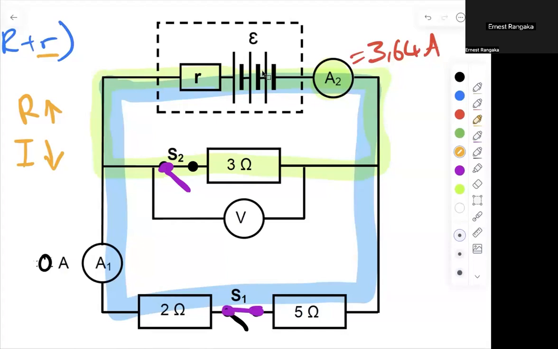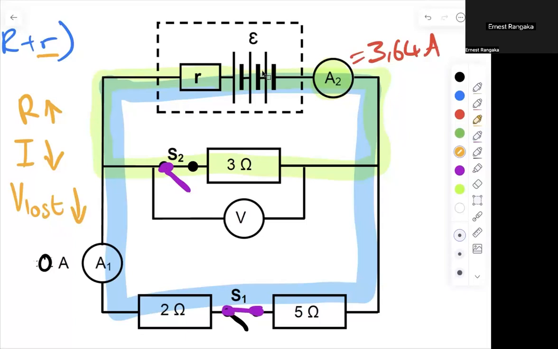Now, if my current goes down, what's going to happen? Even the current through my battery, very important, even the current that goes through my battery is going to decrease. And when the current through my battery decreases, my V lost, my lost volts, are going to decrease.